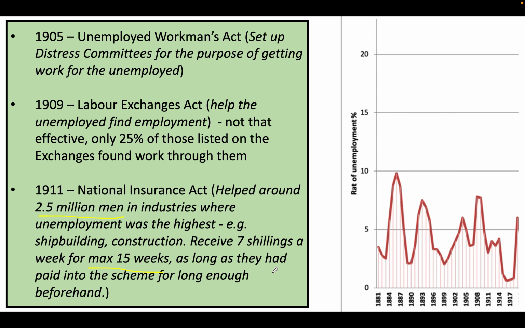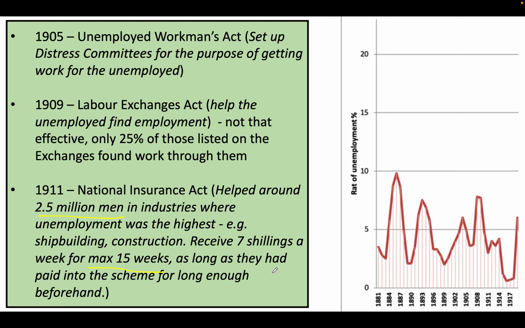The problem is, this doesn't address the issue of structural unemployment. If you are made unemployed because your entire industry is collapsing in on itself, and you can't find another job, this isn't going to help you, because you'll burn through that 15 weeks and you still don't have a job.